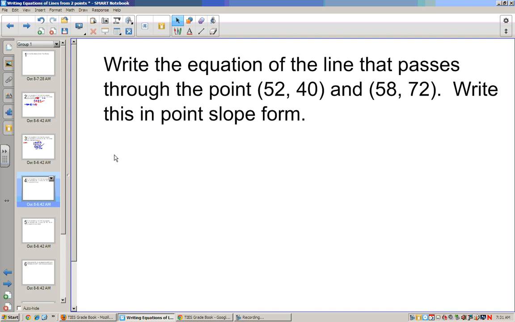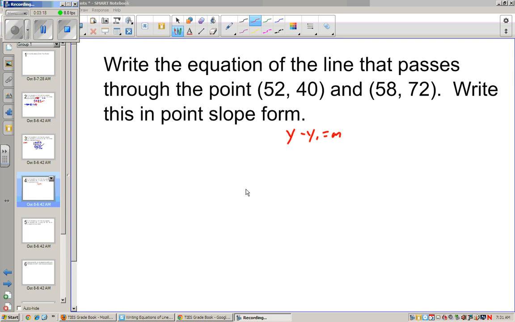First, we want to write the equation of the line that passes through those 2 points, and then we want to put it in point slope form. Point slope form again is y minus y1 is equal to m times x minus x1.